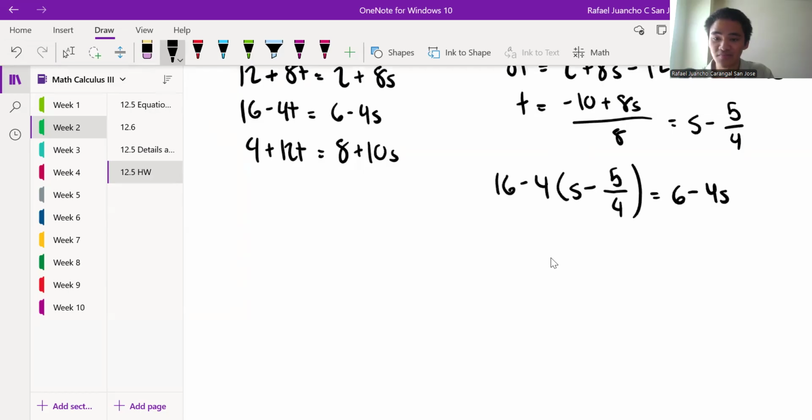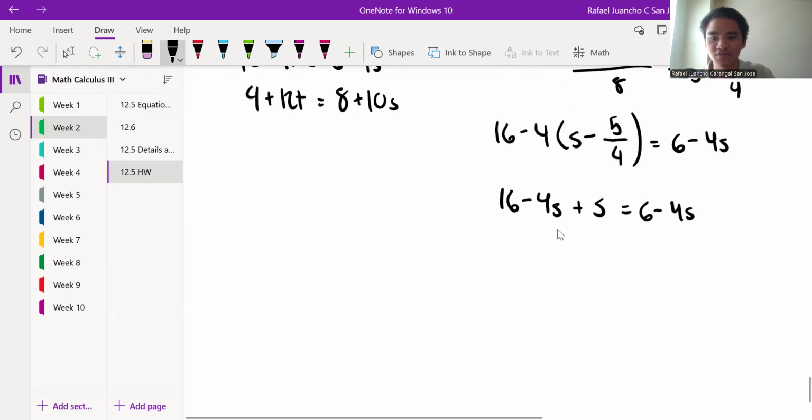And here we can solve for s. So this is just going to be 16 minus 4s plus 5. Now here we can solve for s directly. Now we got 16 plus... Oh, wait a minute.